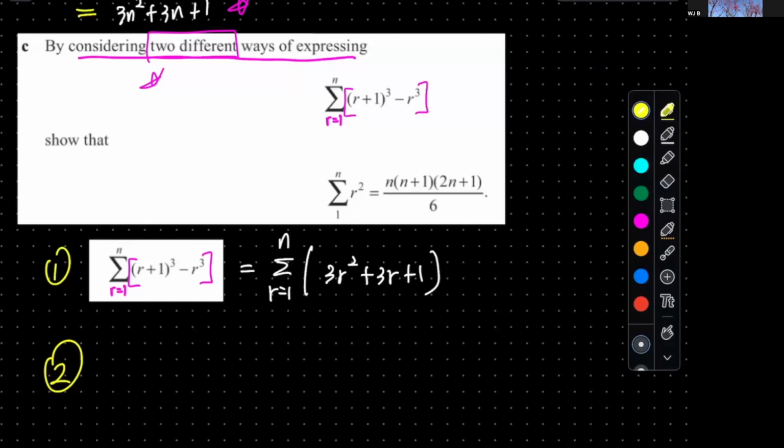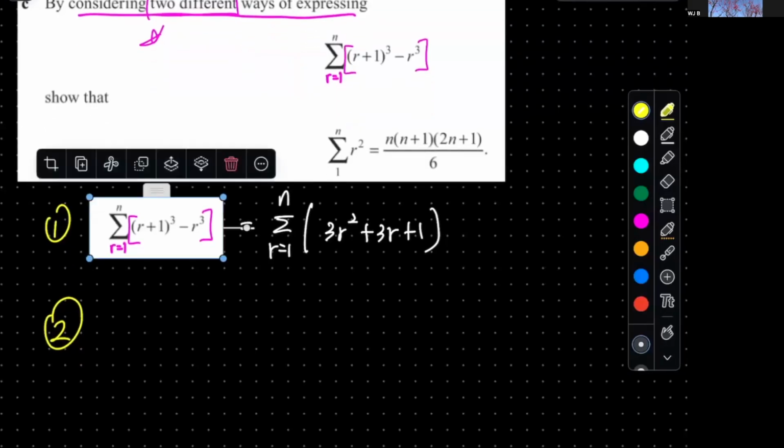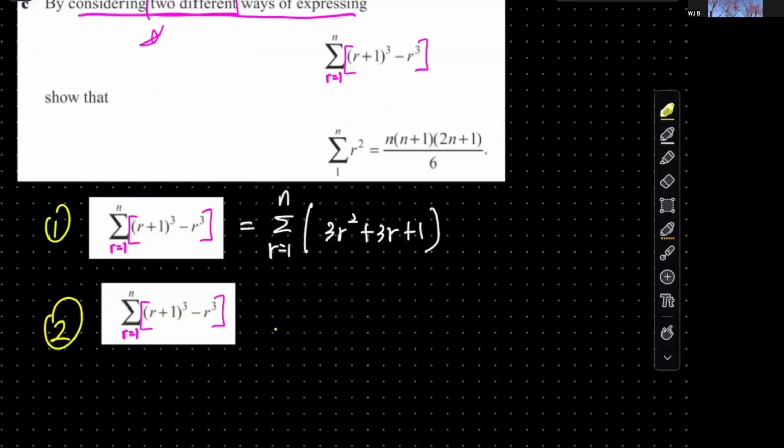Yes, very good. You're right. What you can do is simply expand the sigma. I don't have to do fancy algebra. So now I'm just going to expand the sigma here from the first term to the nth term. Let's start plugging in r equals 1.